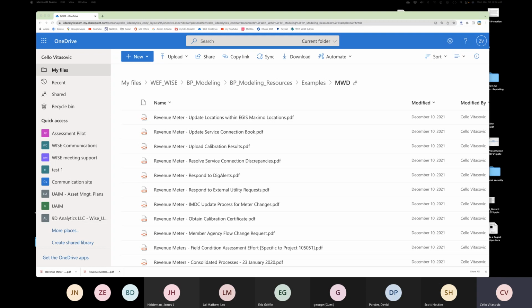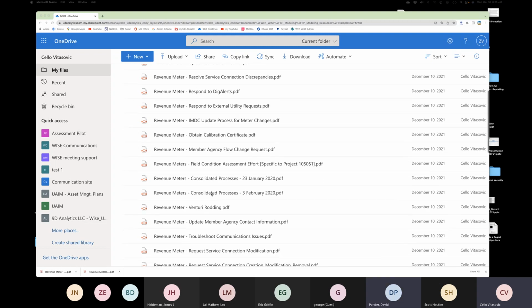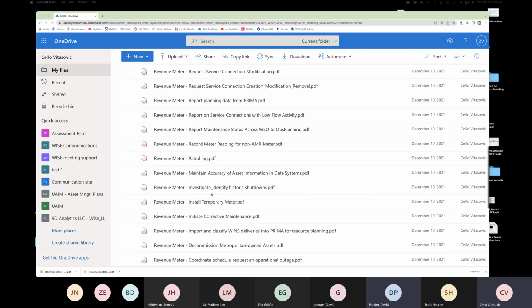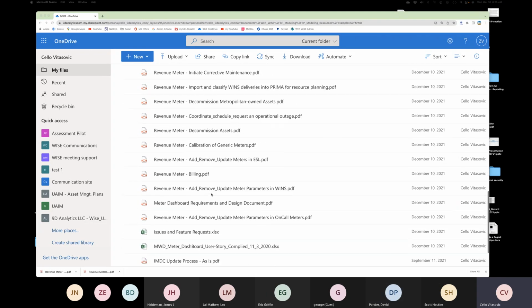The next step would be to really break this up into smaller chunks that people can take on and look into in a bit more detail. So what I'm showing you is something that has been posted. These are some examples of business process models under examples, this one that says MWD, and it has this set of business process models that are a little bit more detailed.